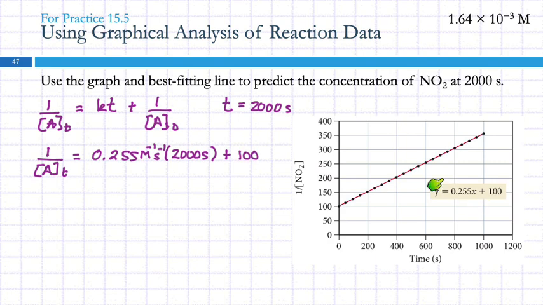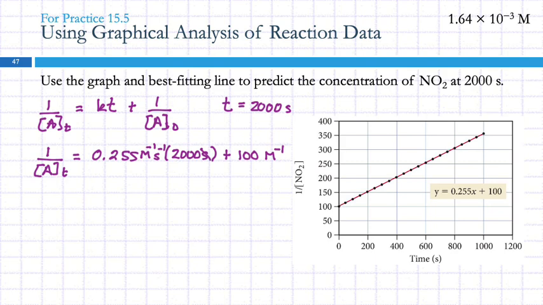So that's the y-intercept. What are the units of y at that point? y is 1 over the molarity, right? So the unit then is 1 over molarity. I will not be trying to trick you with the units here, but I just want to show those of you who are interested that they do work out very nicely.